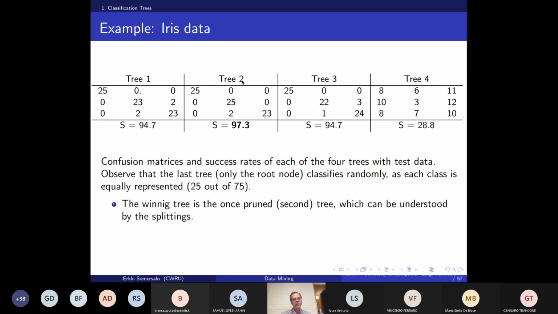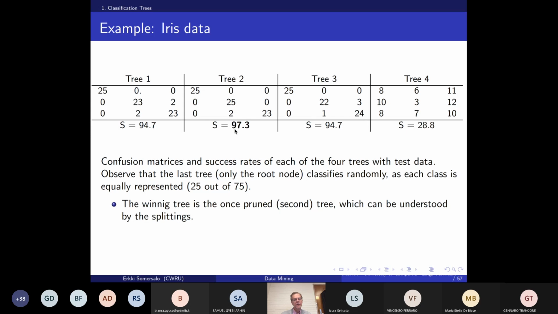Then I take the tree number 2, which is the tree that was slightly pruned, and I do the same calculation. I realize that first class and second class are completely classified correctly. The third class, 23 points are classified correctly, and 2 are classified into the second class, which is the incorrect class.